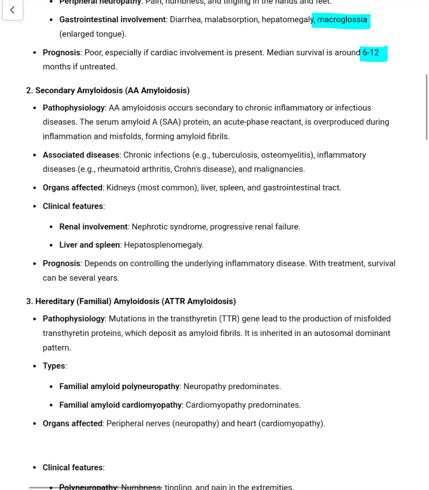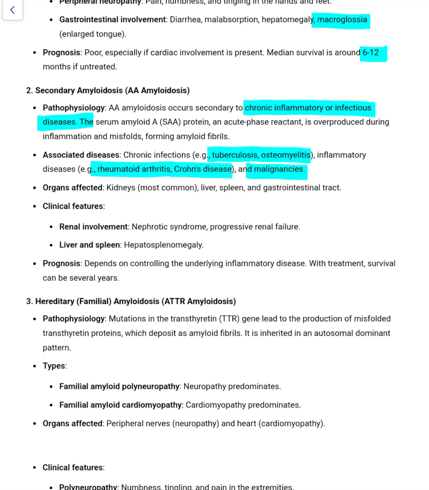Second type is secondary amyloidosis, also called AA amyloidosis. Secondary is due to causes like chronic inflammatory or infectious diseases. What are those chronic infections? Like tuberculosis, osteomyelitis, or chronic inflammatory states like rheumatoid arthritis, Crohn's disease, ulcerative colitis, SLE, or malignancies.